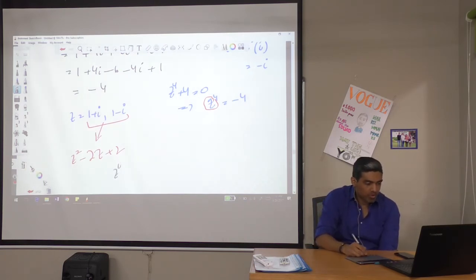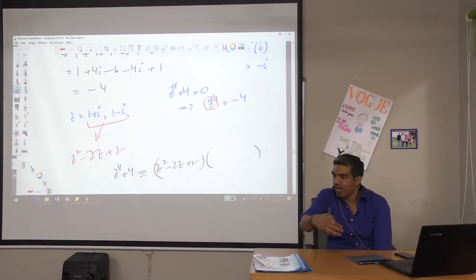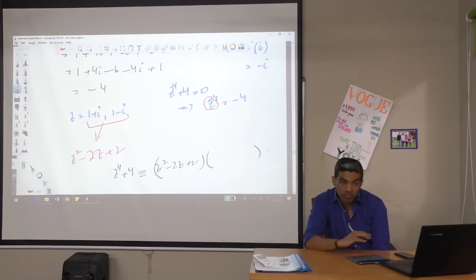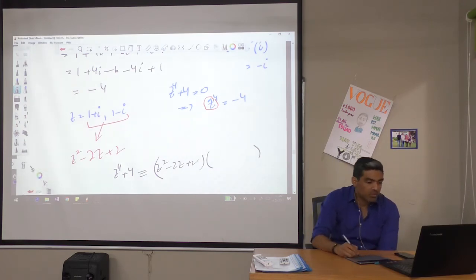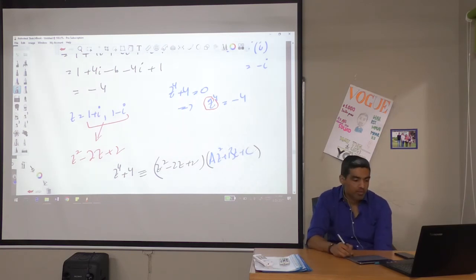So your polynomial is z^4 + 4, which should be equal to (z^2 - 2z + 2) multiplied by another quadratic. You know the other one has to be a quadratic as well, because 2 quadratics will multiply to give you z^4. So the other quadratic is an unknown. Let's say it is az^2 + bz + c.